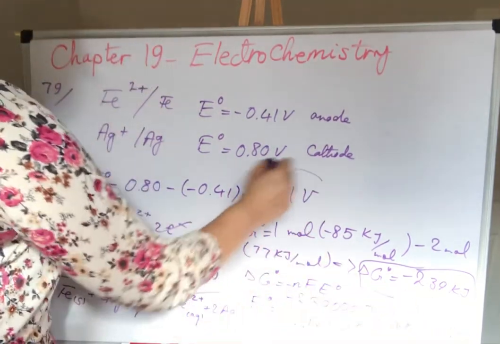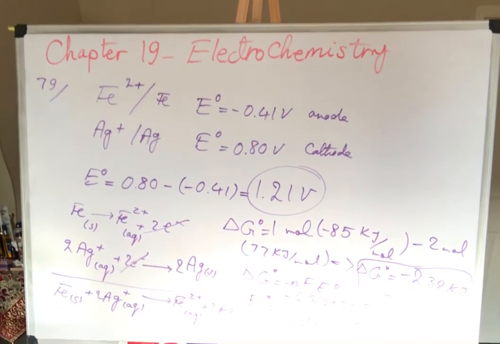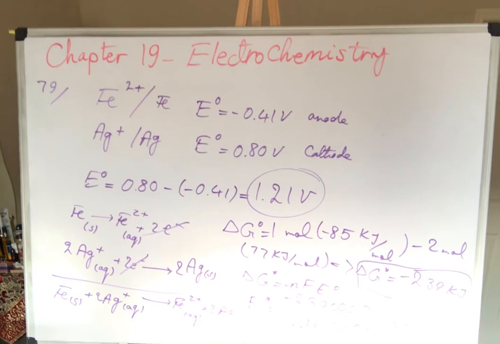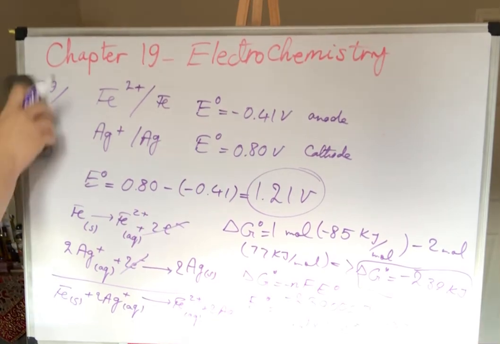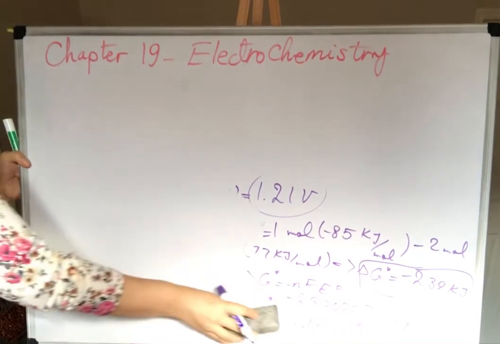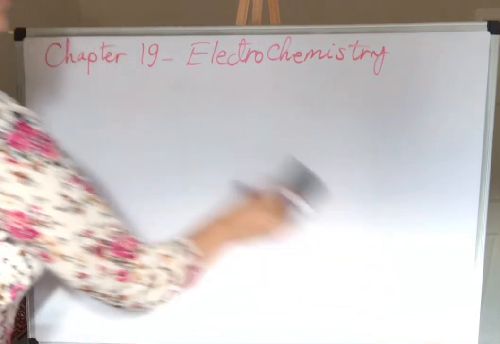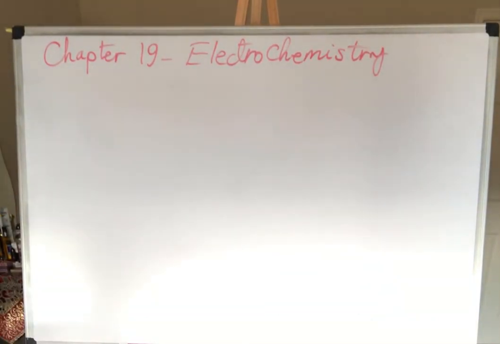So you see, these two values are very similar to each other. They compare very well. The last part of calculations you have on the cells is going to be on voltaic cells, on galvanic cells. I told you our focus is on this type of cells.